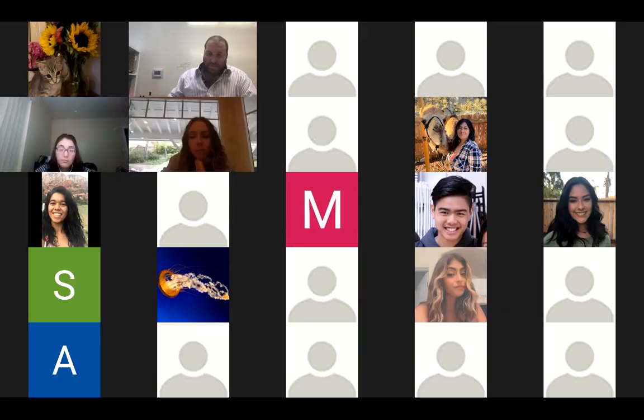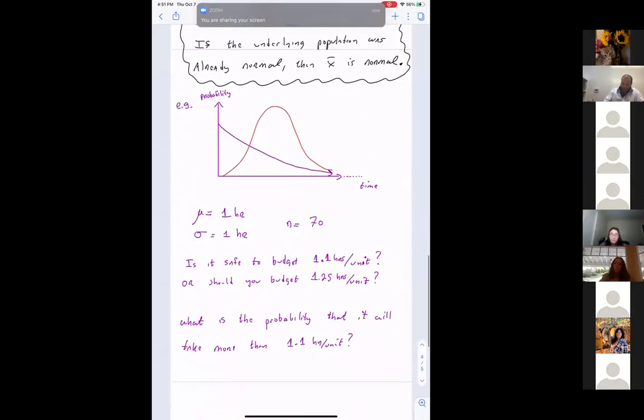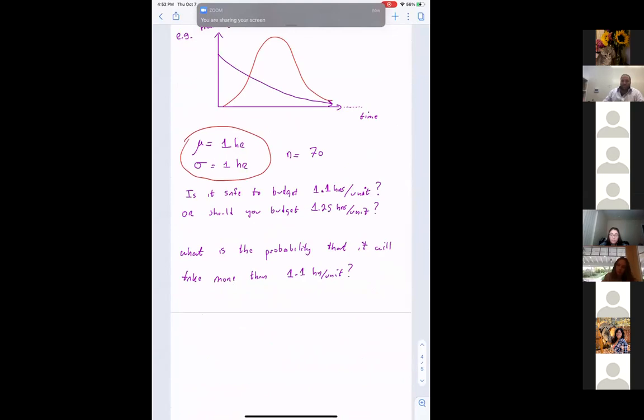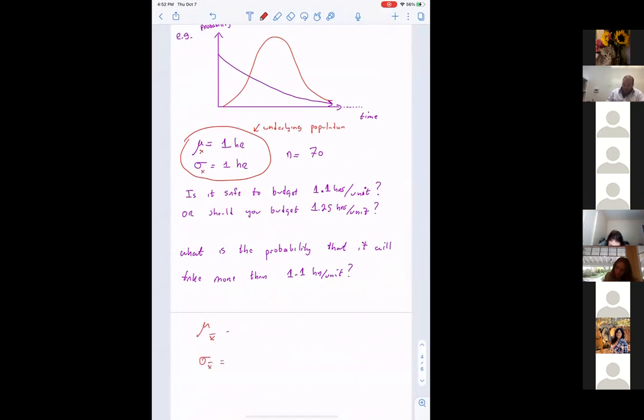Since we're looking for averages, I don't care about these numbers. That's for 1. This is for X, the underlying population. I want the mean and deviation for X bar, so I'm going to call these mu X bar and sigma X bar.